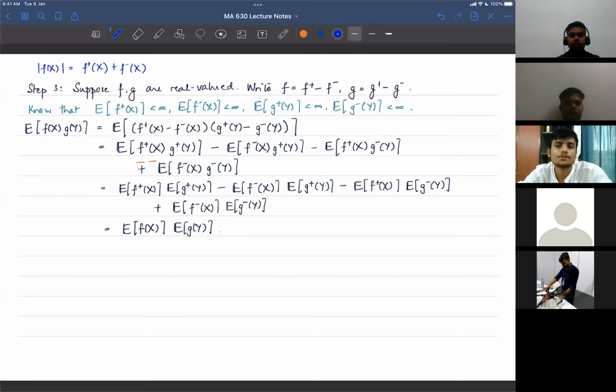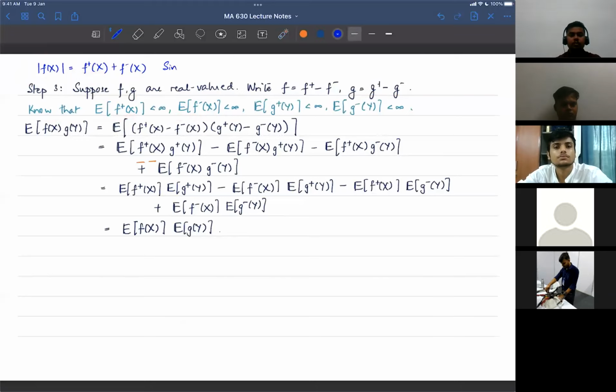All right, and now remember, this guy is non-negative, this guy is non-negative. We made the statement: don't be fooled by names. The negative part of a function is still non-negative. This expectation is finite, so each of these expectations has to be finite. So we know that expectation of f plus x is finite, expectation of f minus x is finite. Why do we know that?